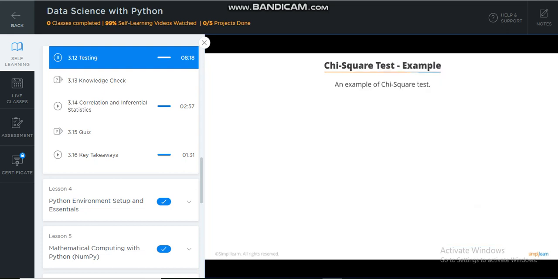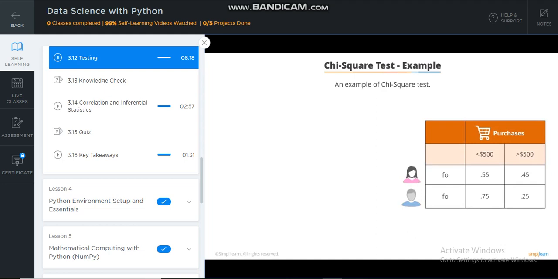Let's understand the chi-square test through an example. We have a data set of male purchasers and female purchasers. Let's assess whether the probability of females purchasing items of $500 or more, or 0.45, is significantly different from the probability of males purchasing items of $500 or more, or 0.25.